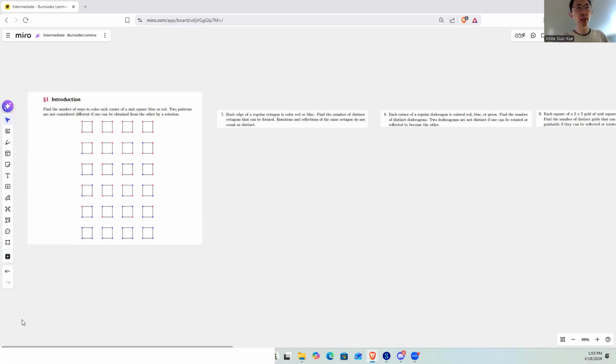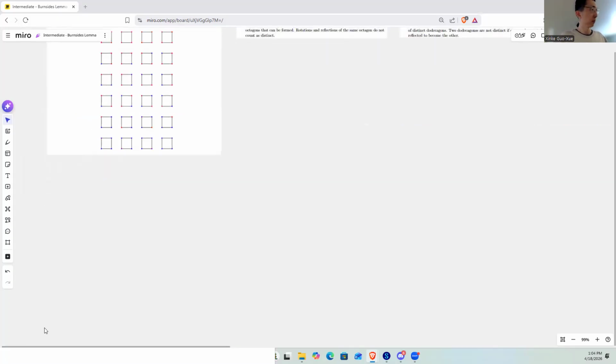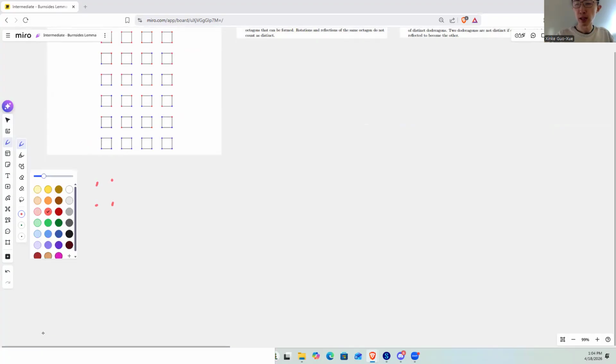So, we could do casework and just list them out. We can split into cases based on the number of reds. We could have four reds, in which case there's just one way. Could have three reds, in which case there's one way. Could have two reds.